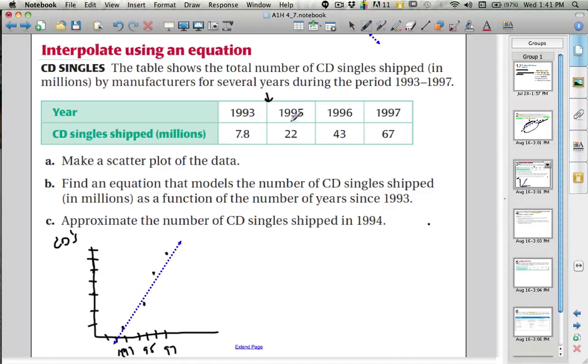But I'm just going to use 93 and 95 as the data, so I think that's going to give me my best line of fit for that area. So I'm going to find my slope. 22 minus 7.8. That's a big difference in just the 2 years.